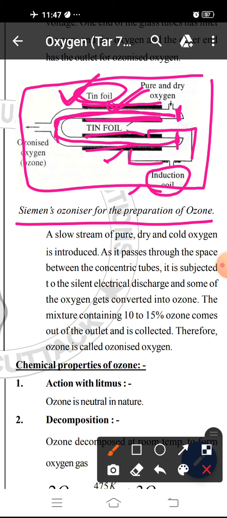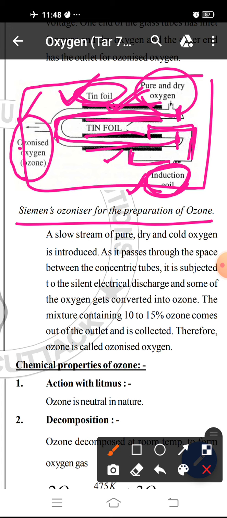Also, in this apparatus there are two passages: one is the inlet for pure and dry oxygen, and the other is the outlet for ozonized oxygen. So this is the construction of the Siemens ozonizer.